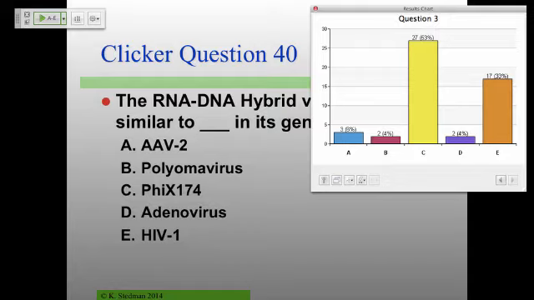But is it circular double-stranded DNA, circular single-stranded DNA, circular double-stranded RNA, or circular single-stranded RNA? Circular single-stranded DNA, which is similar to phiX174. So, single-stranded DNA, like AAV2, double-stranded circular, which would be the polyomaviruses, adenovirus, linear double-stranded, and HIV-1 is what?